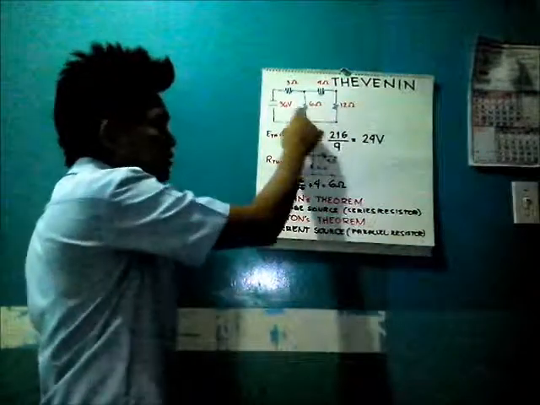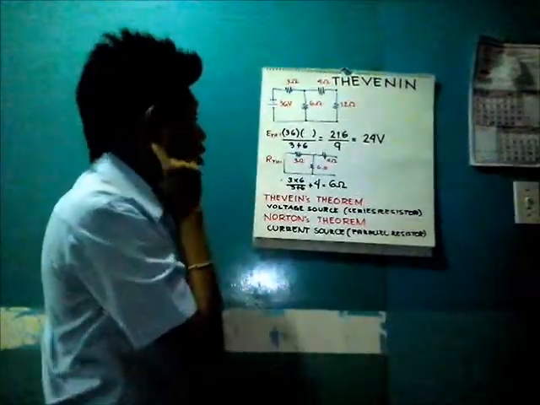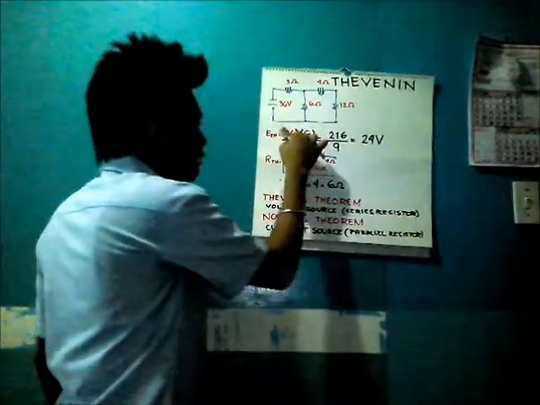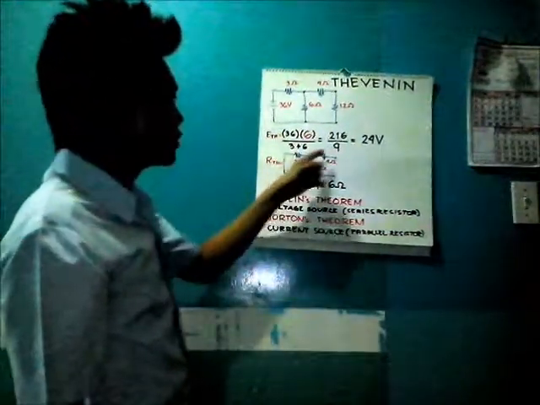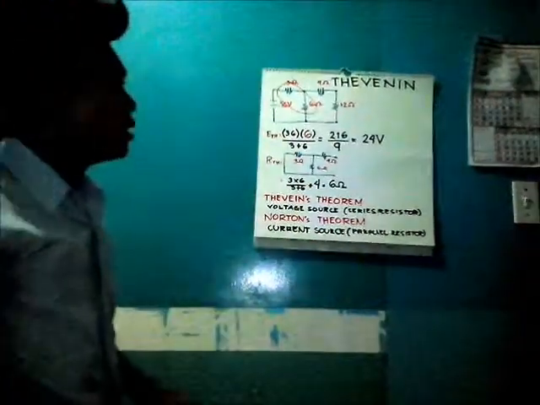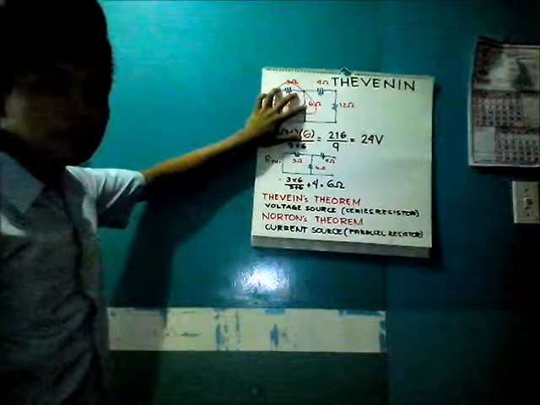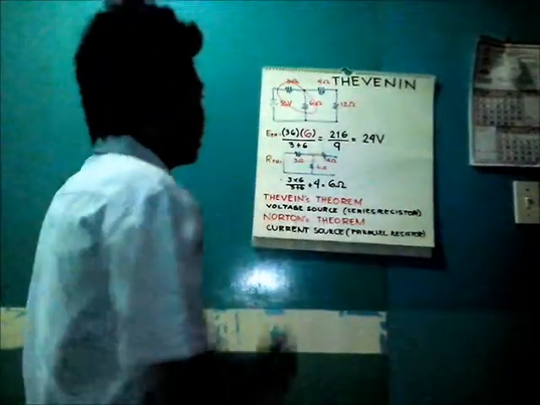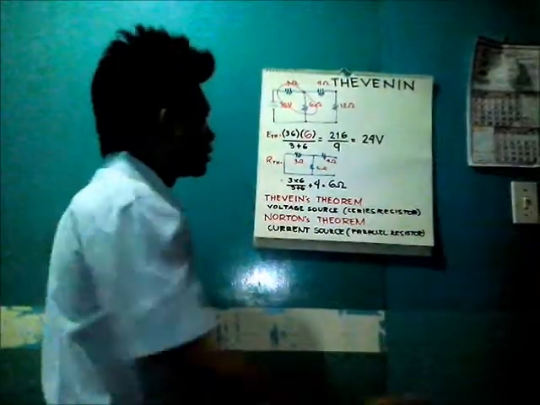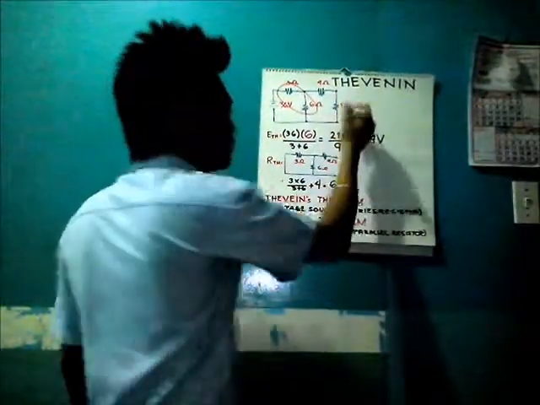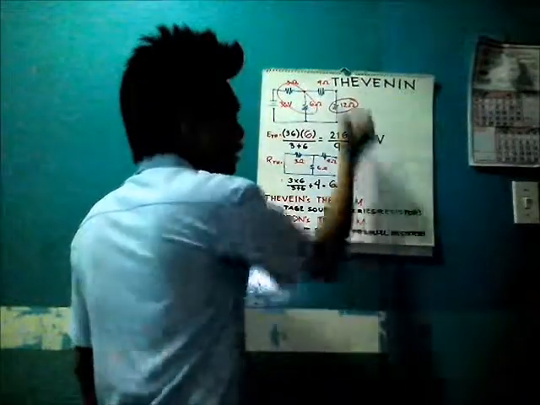So we will use 6, the parallel of the voltage source, times the voltage over the total resistance, because in Thevenin's theorem our load will always be cut.